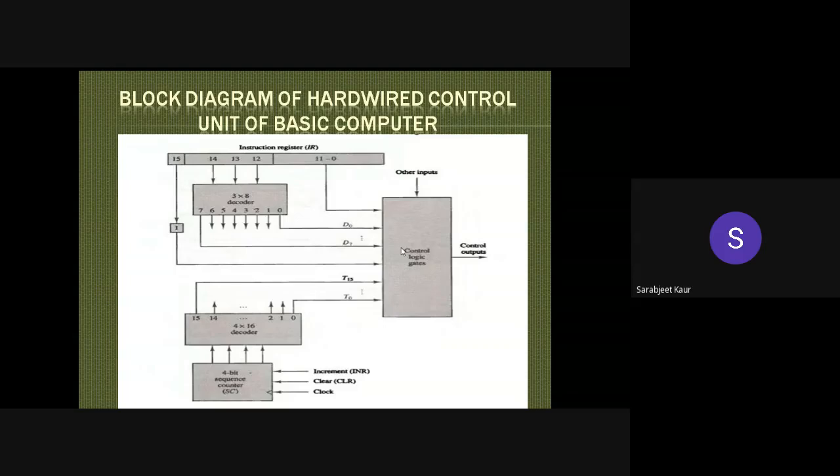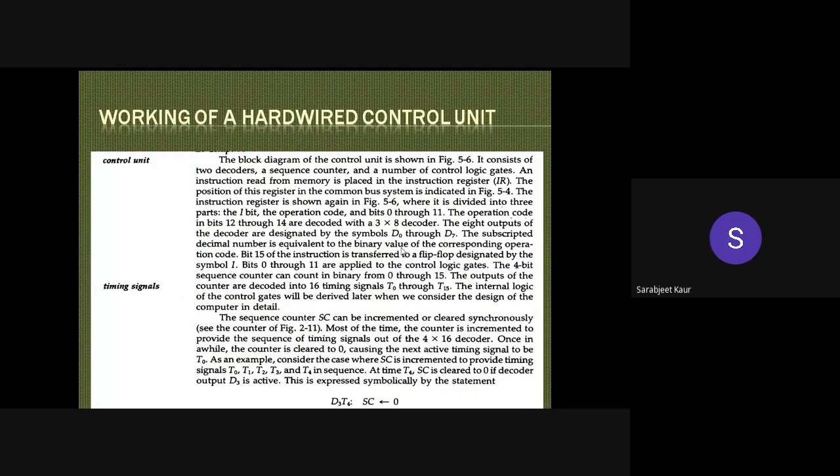An instruction read from memory is placed in the instruction register. The position of this register in the common bus system is indicated in figure 5.4. The instruction register is shown again in 5.6, where it is divided into three parts: the I bit, the operation code, and bits 0 through 11. The operation code in bits 12 through 14 is decoded with a 3 cross 8 decoder.